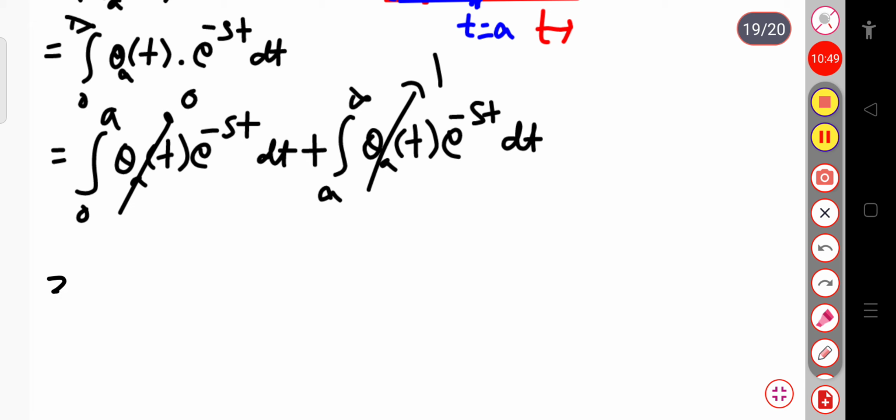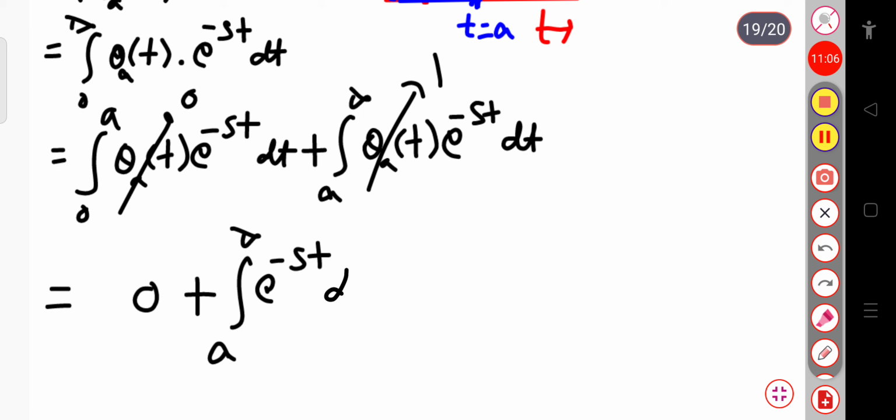When this total term gets multiplied with 0, this term will be equal to 0. 0 into something is 0, plus the integration over a to infinity of exponential minus st dt, or simply it can be written as the integral from a to infinity of exponential minus st dt.